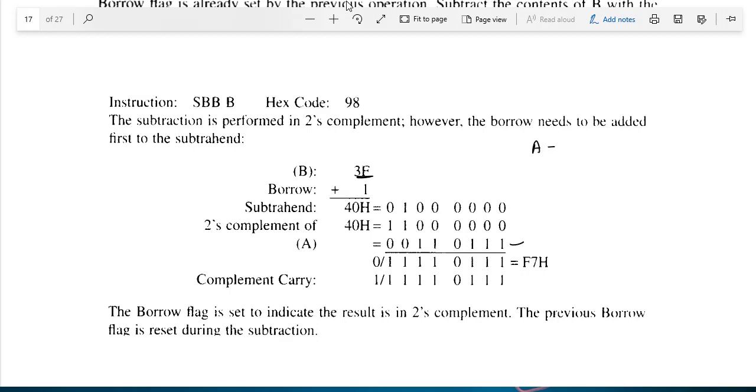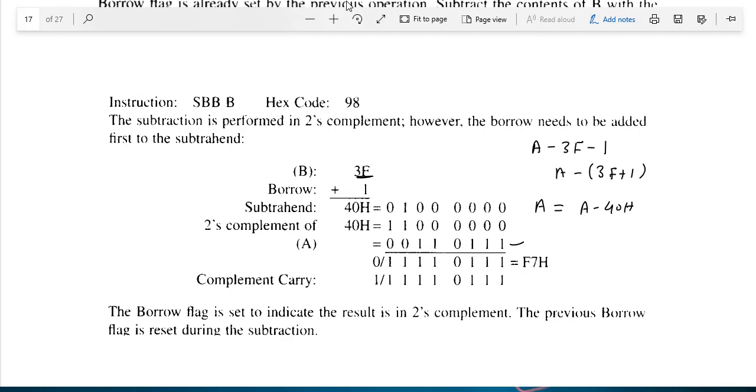So A minus 3F, this is the B value, minus borrow flag, which means 1. If we take the minus outside, it will be minus 3F plus 1. So first of all, we will add 3F plus 1. So 3F plus 1 is equal to 40H. So now the operation will be A minus 40H, and the result goes to the accumulator.